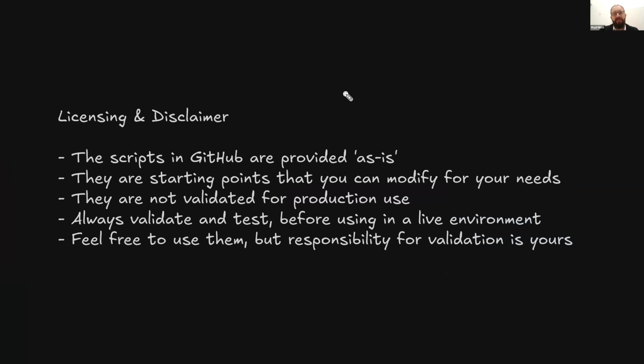Although many of the files, functions, and features that we have there are fully working, we provide them as is, to use as a starting point that you can modify and benefit from in your own projects. They are not validated for production use, although the functionality might very well work exactly as it's supposed to, but we don't give any guarantees here. So always validate and test before putting them in a live environment.